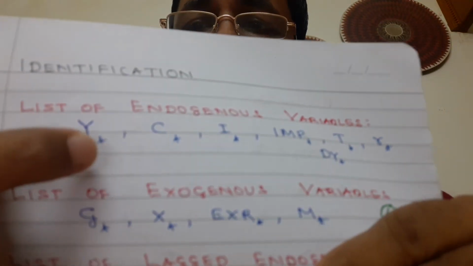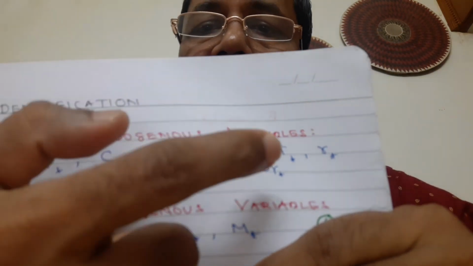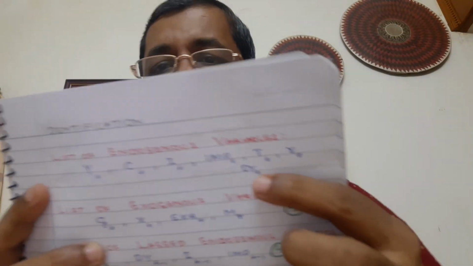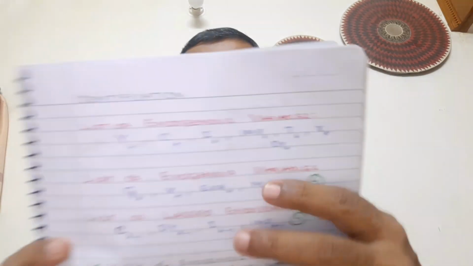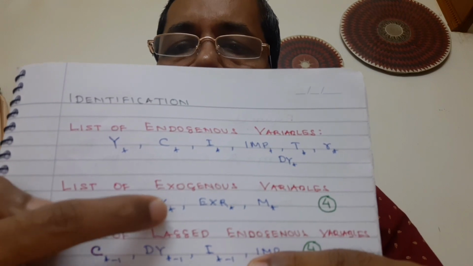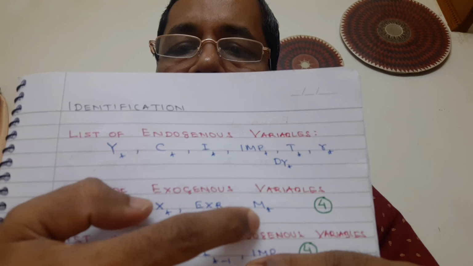In the model, we have these endogenous variables YT, CT, IT, IMPT, TT, and RT, and of course DYT. These are the set of endogenous variables in our model. Then the set of exogenous variables are GT, XT, exchange rate EXR, and money stock.